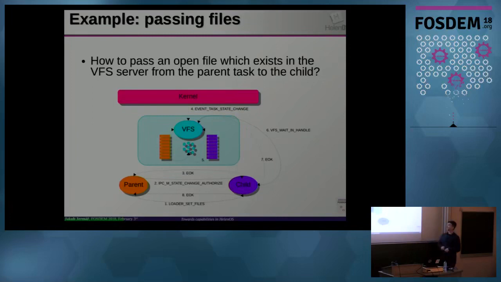Then the process continues by the child querying the VFS server for the new handle, and the VFS server replies with the handle with an affirmative reply, and the child concludes the whole handshake by replying to the original first message by the OK. So is there among you someone who absolutely loves this approach?